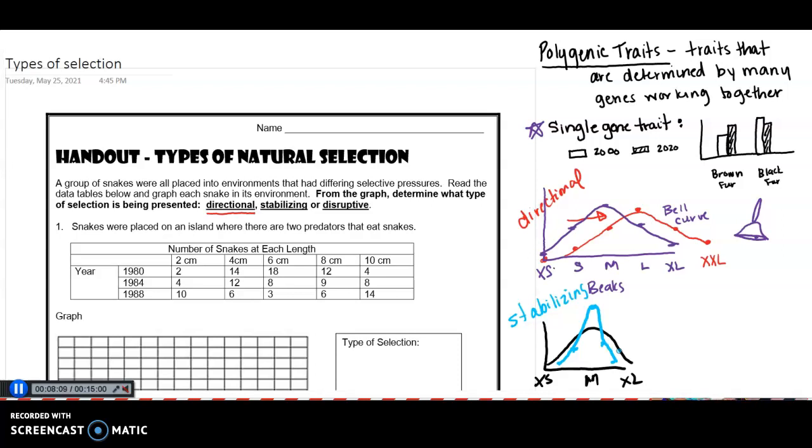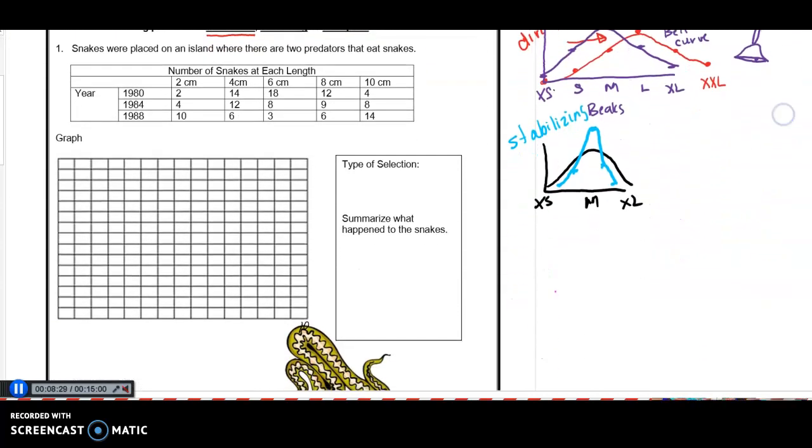However, you're also reducing genetic variability here. And when you reduce genetic variability in a population, you are actually making it more susceptible to the potential of extinction.